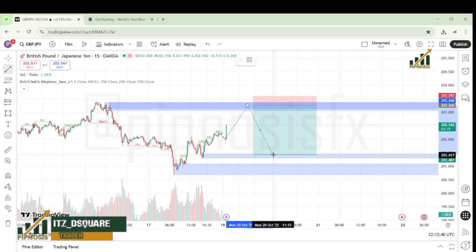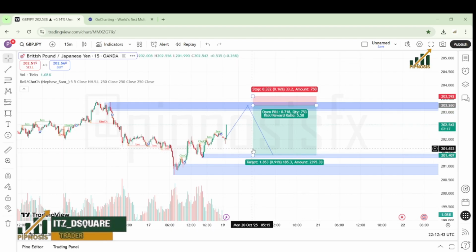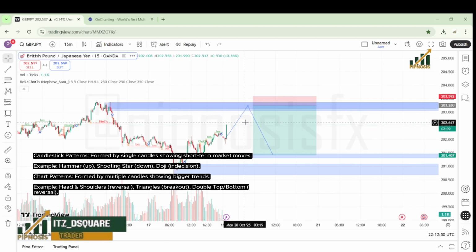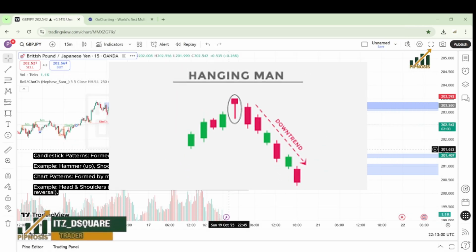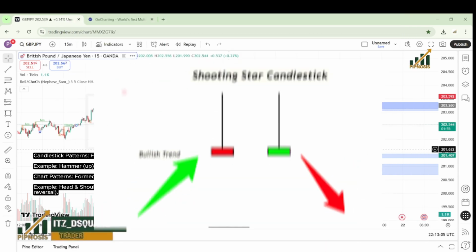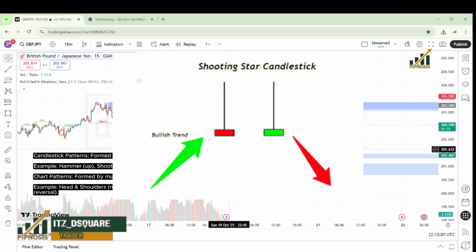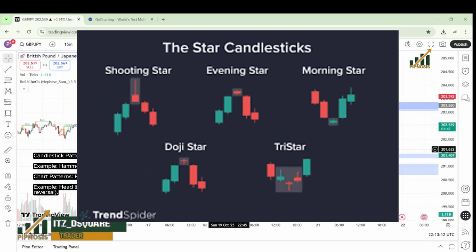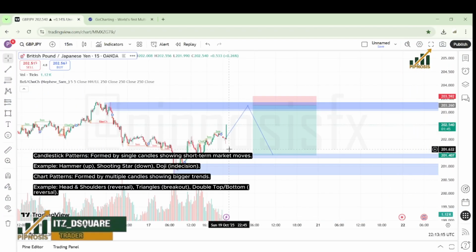then to the downside. Now when it gets to this level, I won't just jump in. I would want to see some candlestick pattern, like wicks, and possibly either a hanging man or shooting star, just a candlestick pattern that shows me that this market is about to react at this zone.